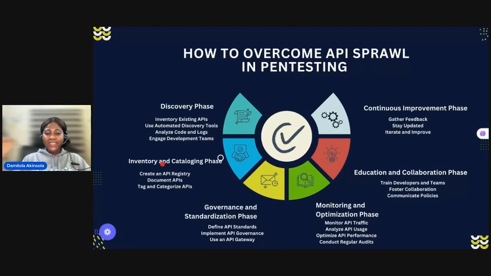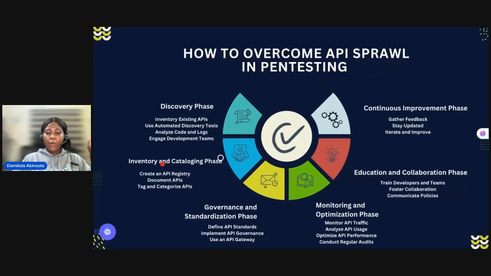Then moving on to the monitoring and optimization phase. Now this phase is so vital because API security is not just a one-off thing. And if you want to put API sprawl in check, you need to ensure that you do continuous monitoring of your environments to ensure that they remain secure and well maintained.